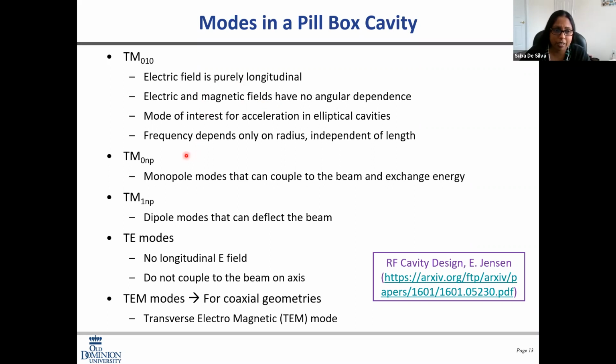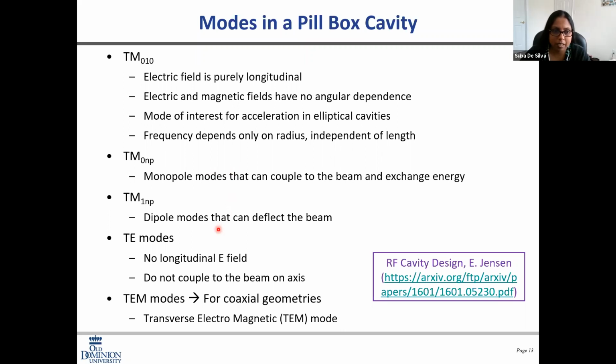But then going one step further, you have TM0NP, where it's still a monopole mode with a longitudinal electric field, but that electric field is not on axis. So you can use a higher order TM mode, and those can be used in applications such as the twin-axis cavity, which I'll show later.